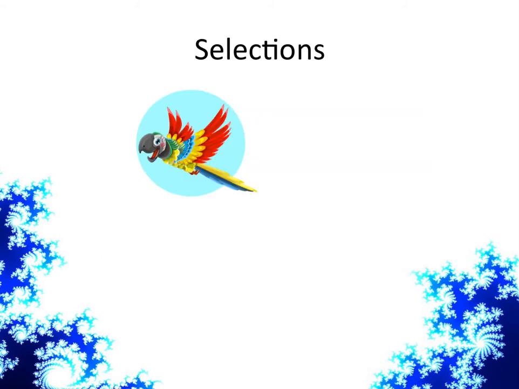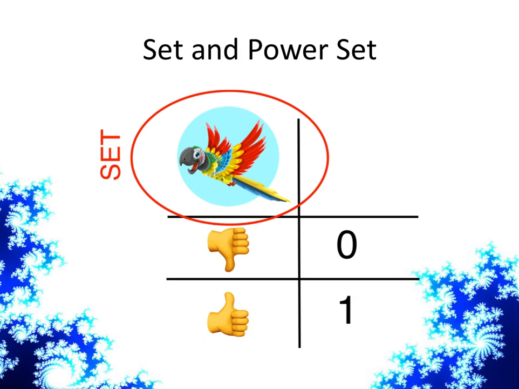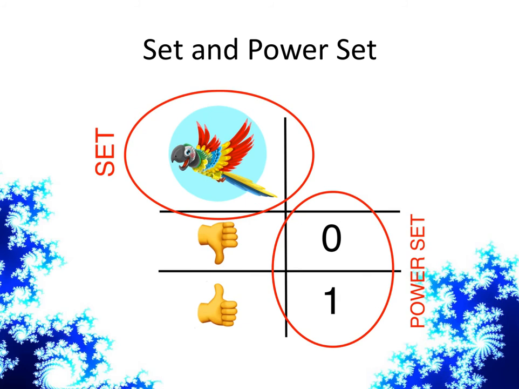Let's go on and talk about selecting just one thing. We've got this beautiful parrot, and we're going to make some selections. We can reject it. We don't want that parrot, and that's a 0. We can select it. We like the parrot, and that's a 1. So, if the set is just a set containing the parrot, all the ways of selecting and rejecting give us the power set.